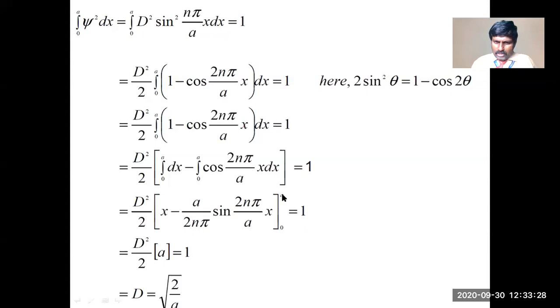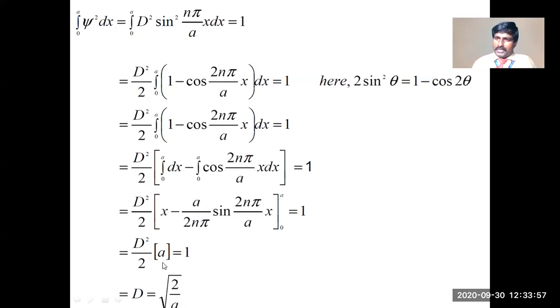Now if you apply the lower limit and upper limit, instead of x we keep the lower value 0, and this x term will become 0. Now only x will be the remaining term, and instead of x we substitute a, so D square by 2 into a equal to 1.